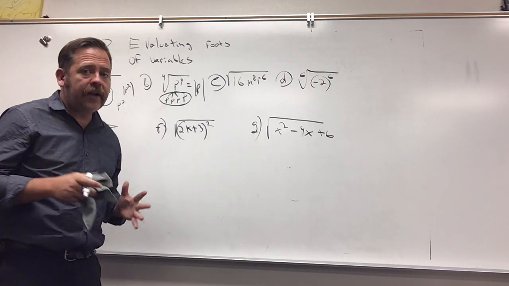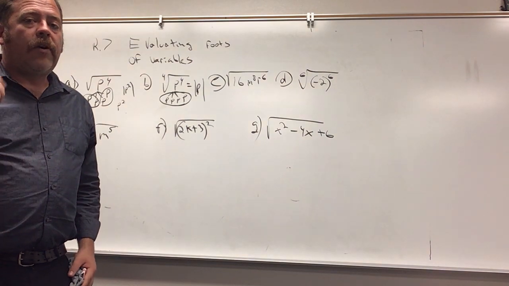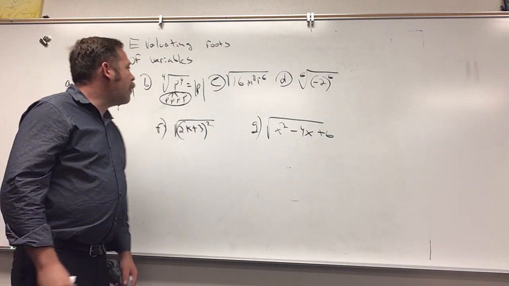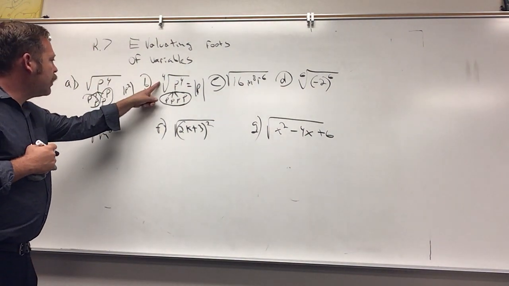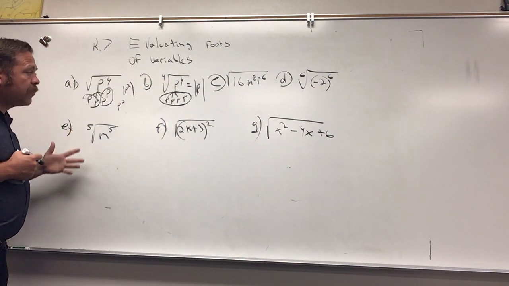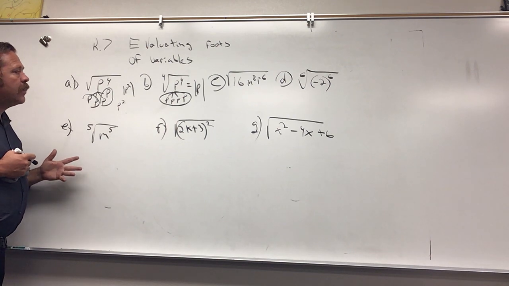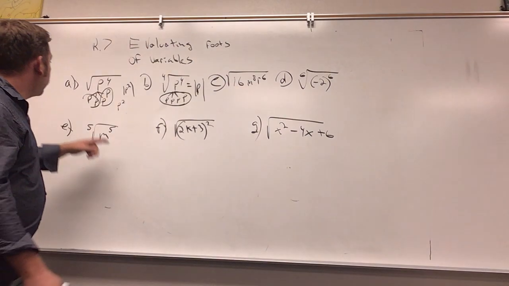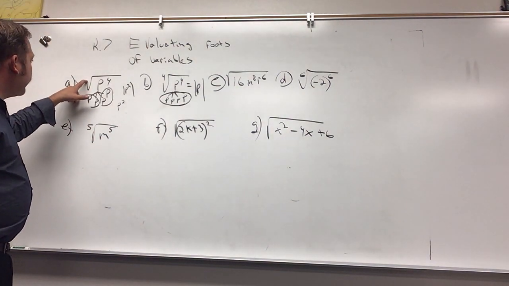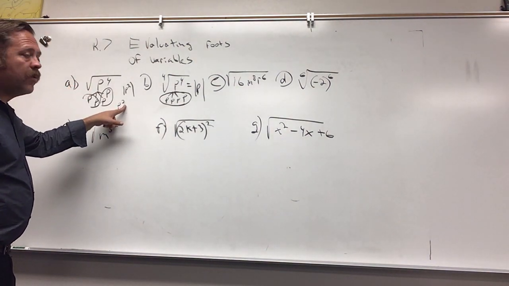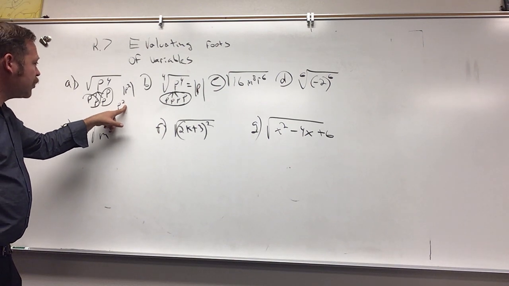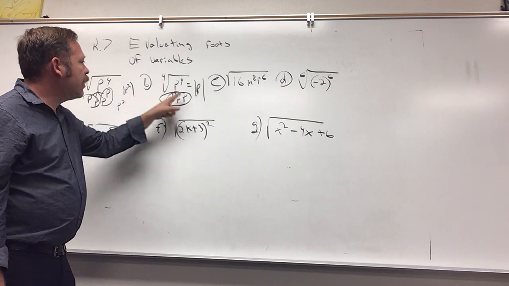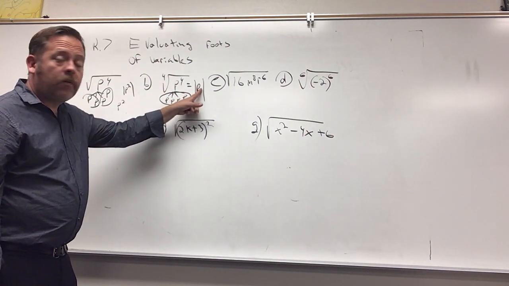So I have this saying, and hopefully it helps you remember the rule. If you have an even root and you go to an odd exponent. In A, we started with an even root, but we had an even exponent when we pulled it out, so we didn't have to have an absolute value. But here, we have an even root, and we're left with p to the first power when we pull it out.